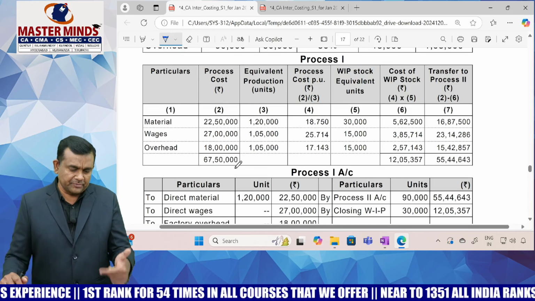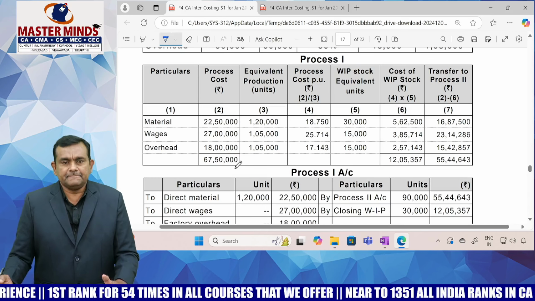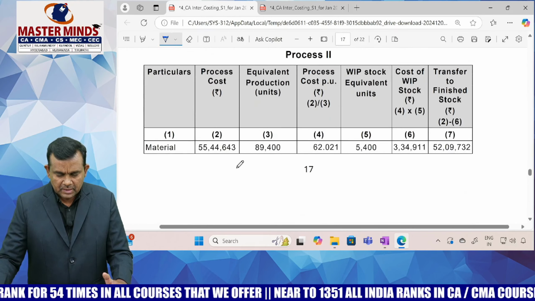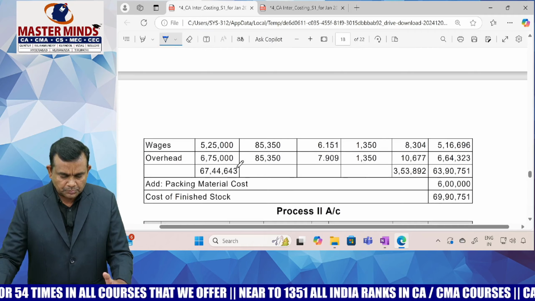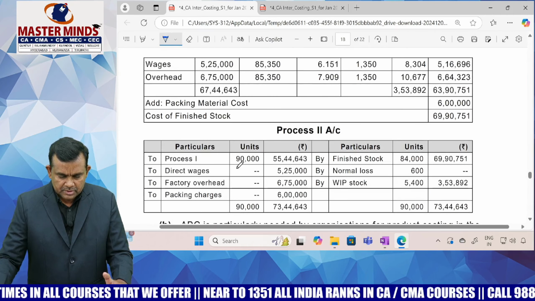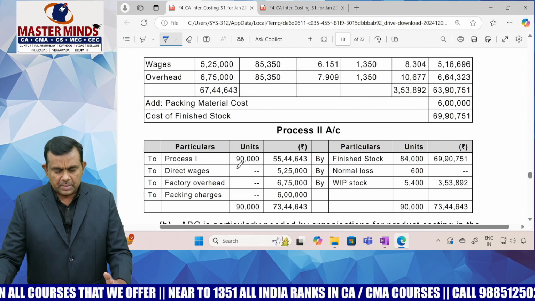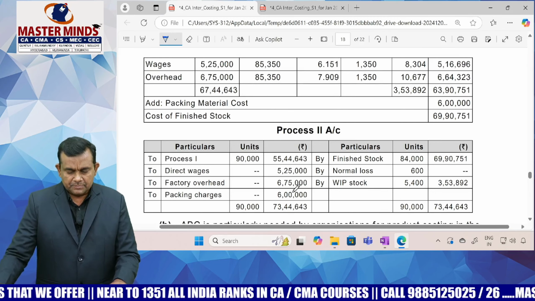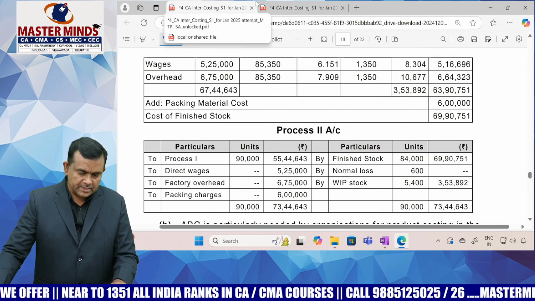Compare with the actual output to get abnormal loss or gain. In process 1 there is no abnormal loss, sir. In process 2 there is no abnormal loss, sir. So simple formula, simple problem, sir. Next.